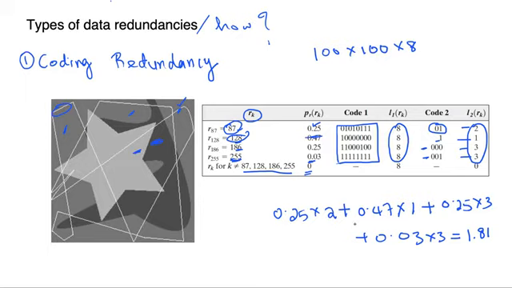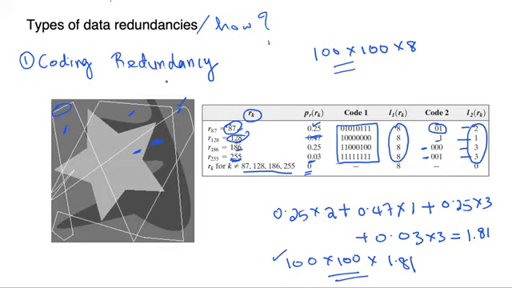Or in other words, if I have a 100 by 100 image and I multiply this by 1.81, this much space will be utilized in the computer memory in order to store this image. So you can see that this is approximately more than 4 times less space required to store an image with this kind of representation.